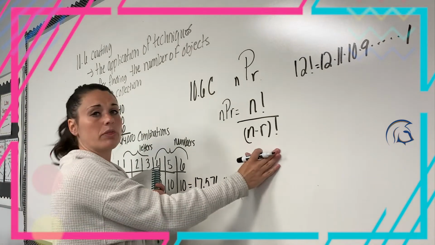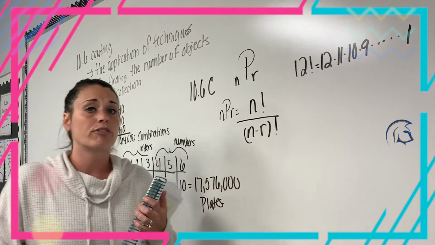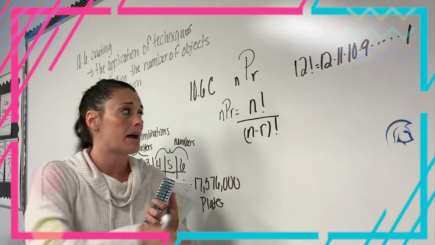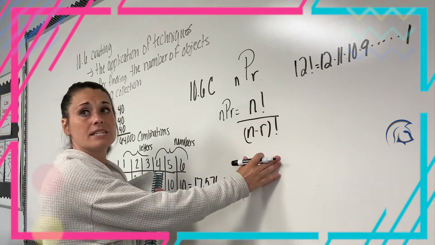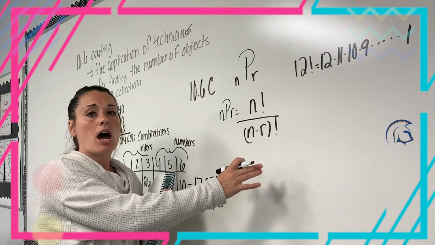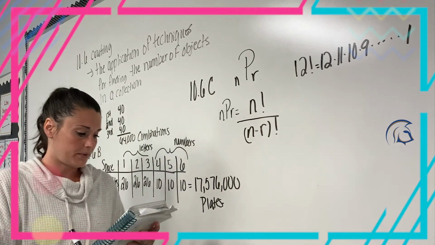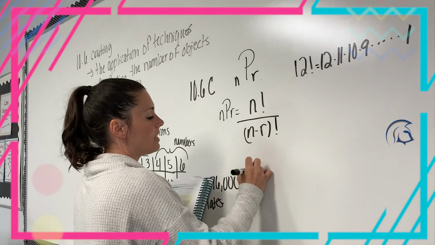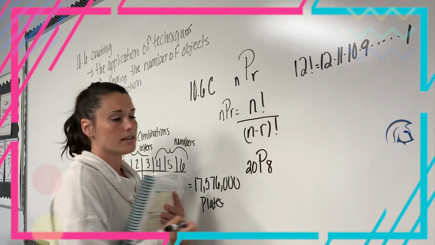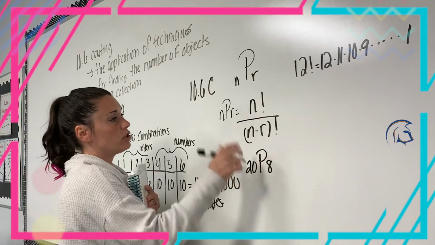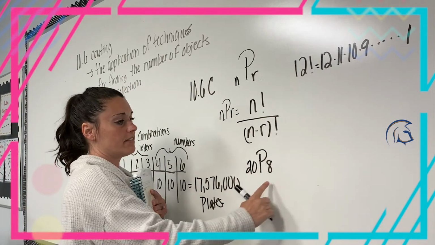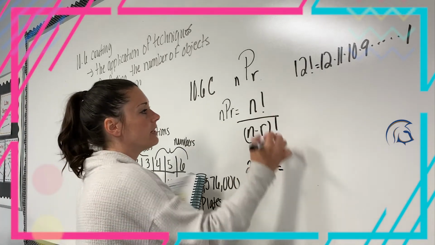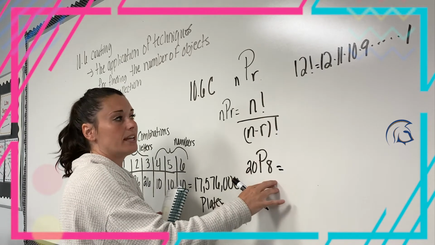I'll show you how to do it with the formula. I'll tell you how to do it on your phone, but your calculator also has a setting where you can just type in the numbers and it gives you an answer. Today we're going to learn how to do it with the formula, okay? So your example in your book is 20P8. 20 is in the place of n and 8 is in the place of r, so you're going to fill out this formula with 20 and 8.